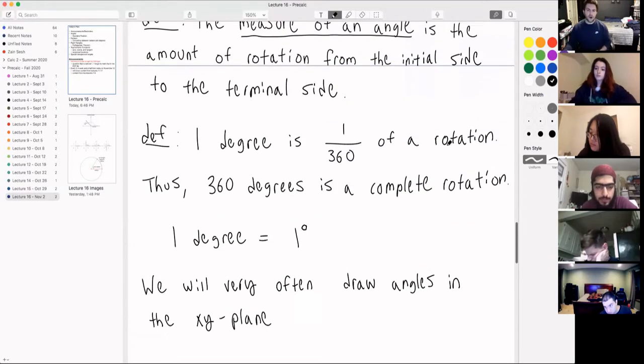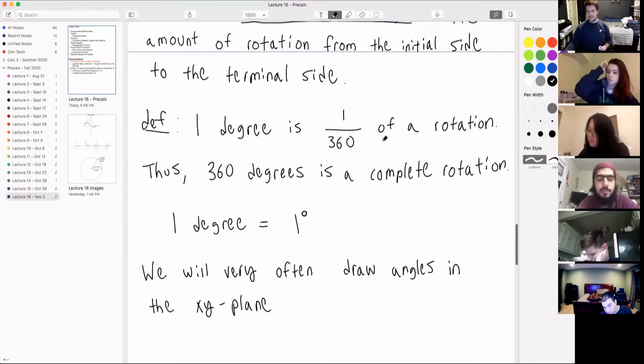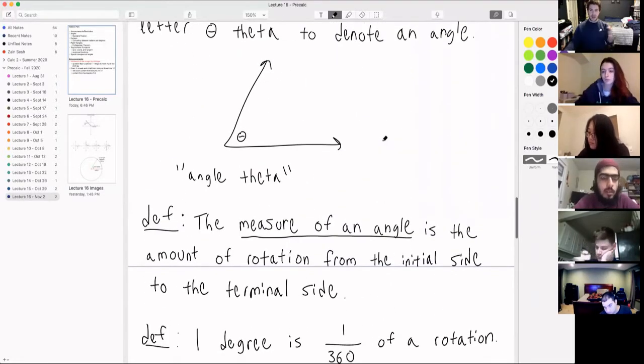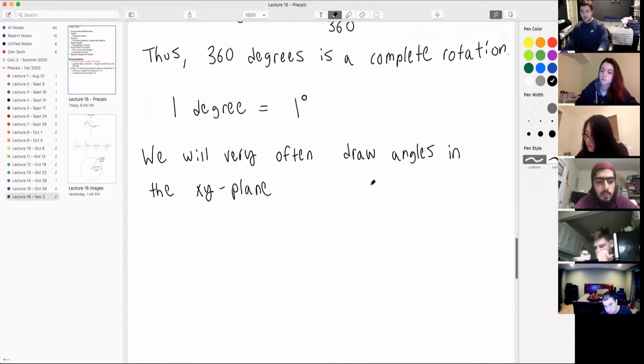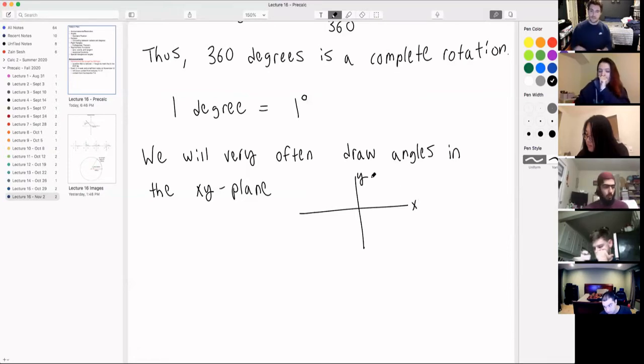So far all of the angles I have drawn have just been out in space, nowhere pretty much. But usually we will look at our angles in the XY coordinate plane. You know what that looks like: it's the set of axes. This is the x-axis, and that's the y-axis.